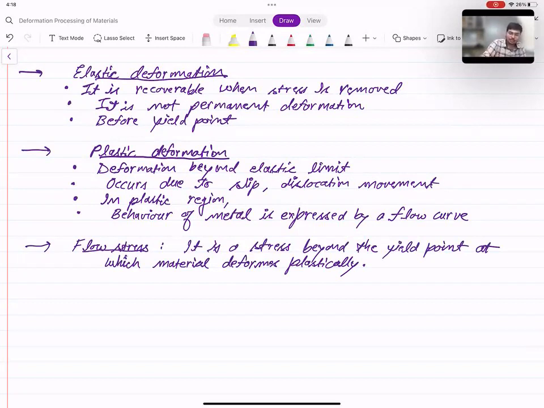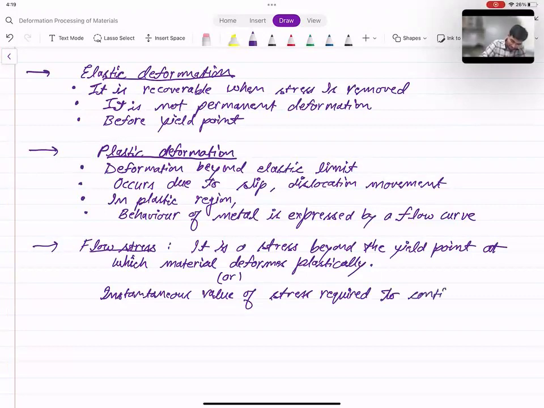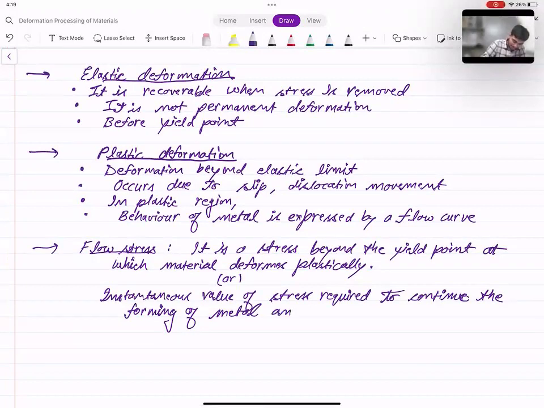So in other words, it is an instantaneous value of stress which is required to keep the metal flowing, to continue the forming operation, the forming of metal, and to keep it flowing.